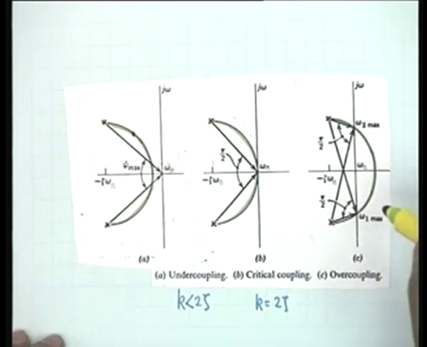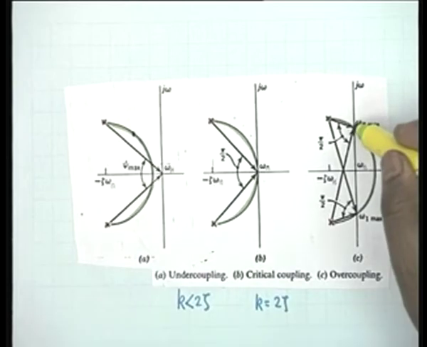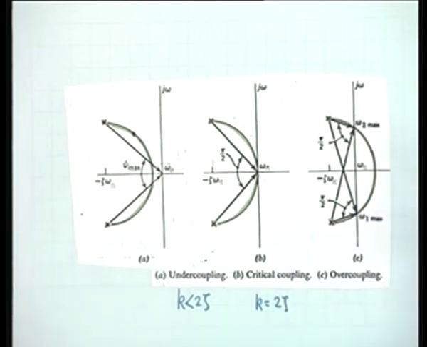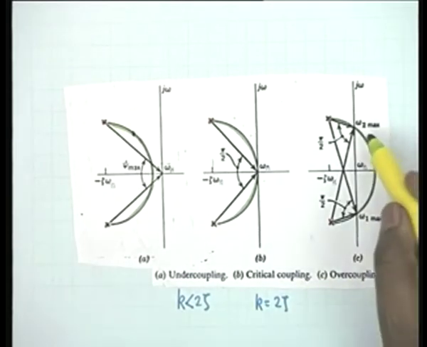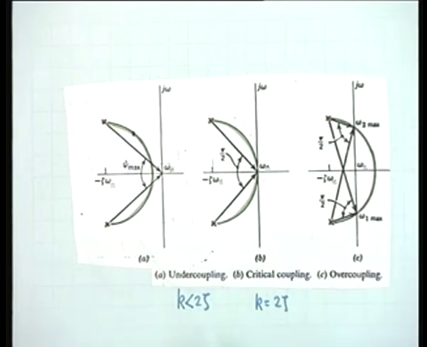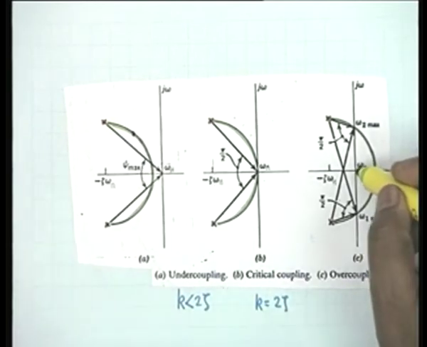And if there are 2 maxima, in between there must be a minimum. Agreed? In between there must be a minimum, and therefore here is a situation when instead of 2 you may or may not have 4 half power points. Now the minimum by symmetry obviously shall occur at omega n.